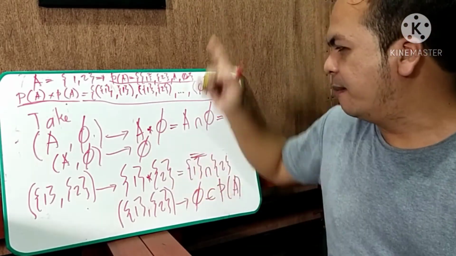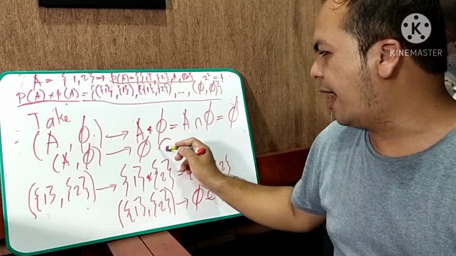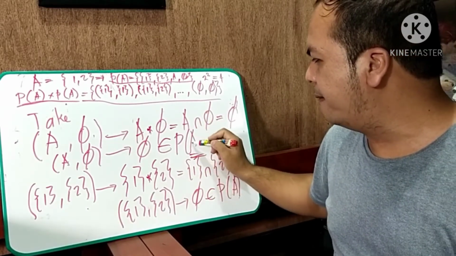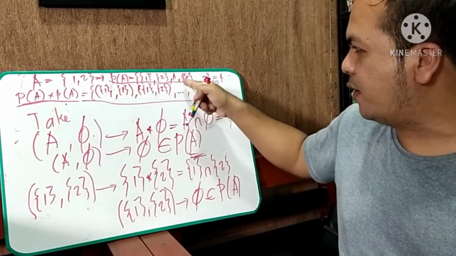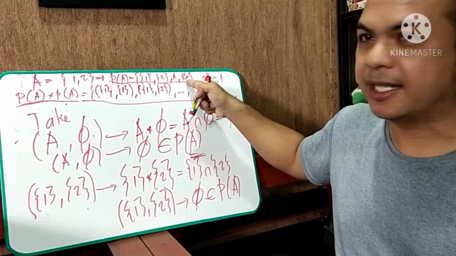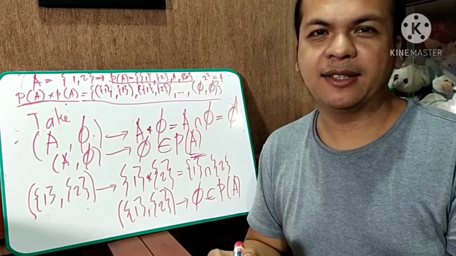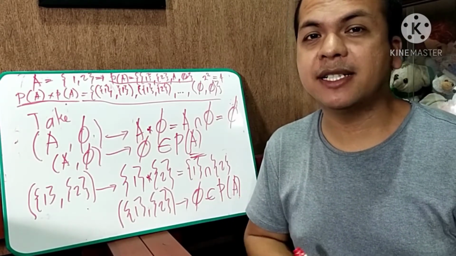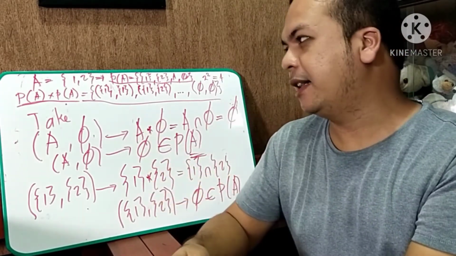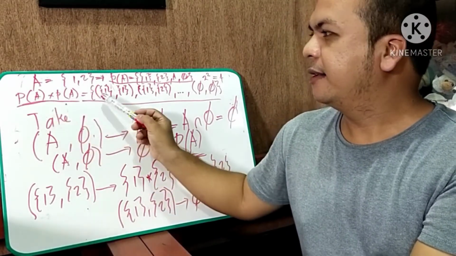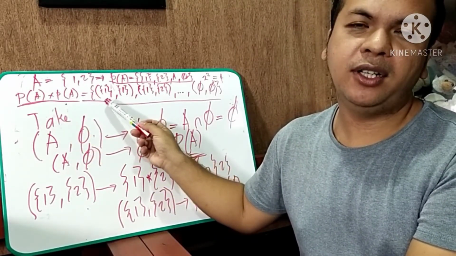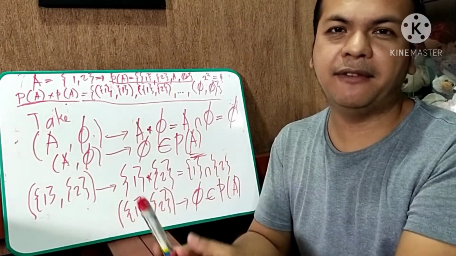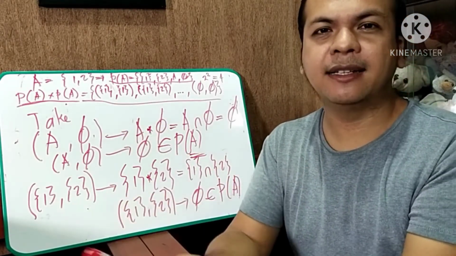And, again, para maging binary, ito ay must be an element of the power set of A. And of course, ayun si empty set. Element siya ng power set of A. Okay? So, having the three ordered pairs, itong ordered pairs ng ating domain, no? Itong domain natin, the cross product of P of A to itself, okay na yan, no?